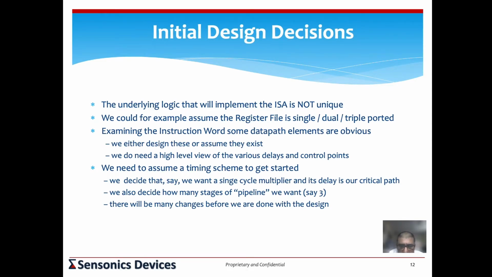You would either design those data path elements or you assume they exist. I prefer that you design these elements. Or if you know they exist, then you incorporate that, identify that as the element. For example, you may already have previously designed an ALU, a 32-bit ALU. So what you would need for the flowchart is all the control points for that ALU.